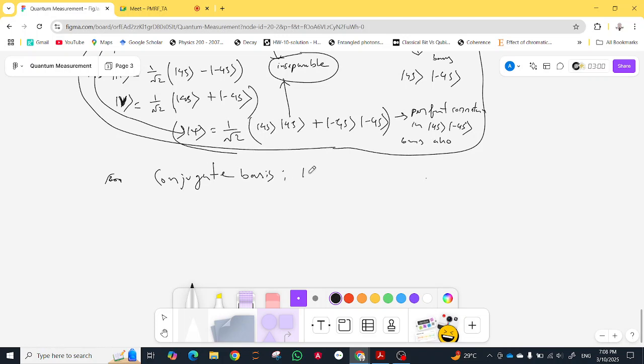This is one basis, this is another. These two are conjugate bases. And with these two conjugate bases, you can have polarization entanglement.